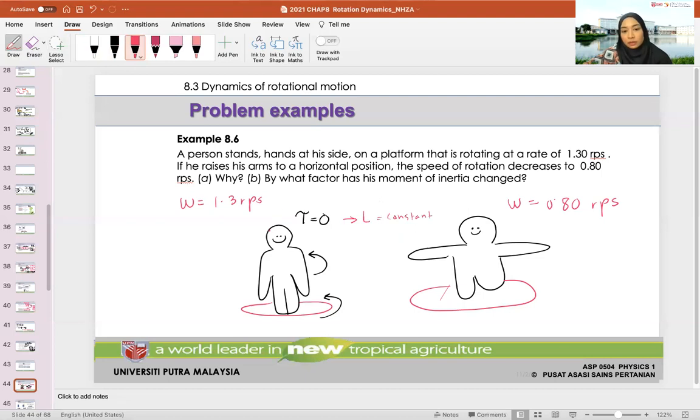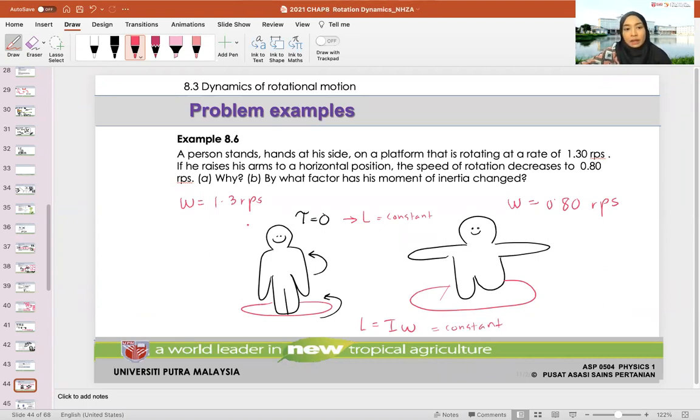So even though he is extending his arm, his L still needs to be constant. Sebab apa? Sebab torque is equal to 0. Walaupun omega berubah, walaupun I berubah, L still needs to be constant. Now L is equal to I omega. Again, it has to be constant.